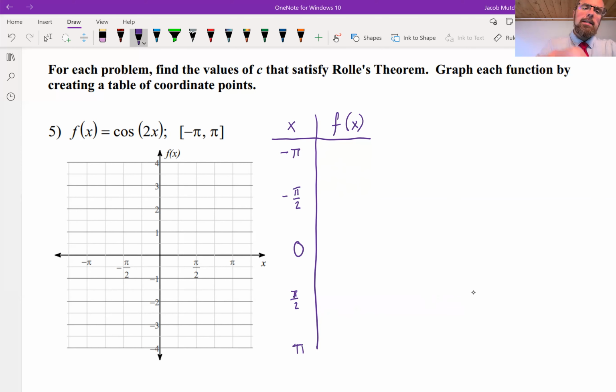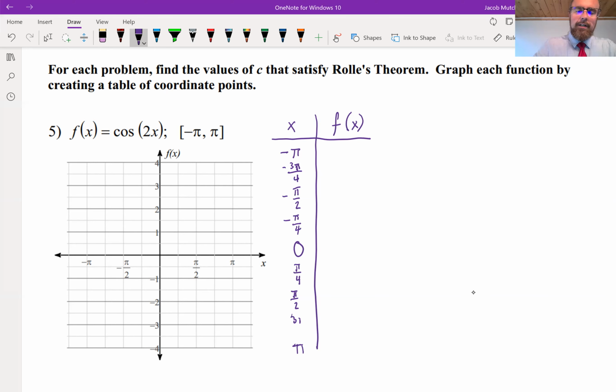And then because I've got this doubled x value, my angle is going to double every time I plug in an x value. I should include these intervening ones. So negative 3 pi over 4, negative pi over 4, and positive 3 pi over 4. So there's our x values, our domain values.